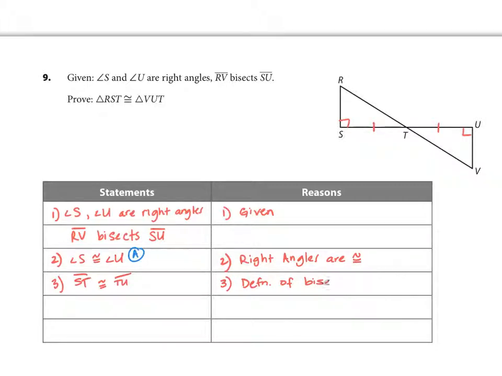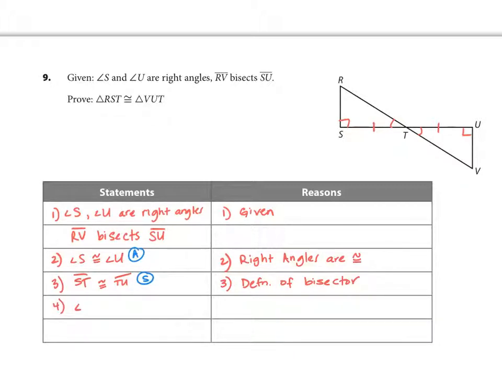So here we have a pair of congruent sides. We want to make sure that this is the included side though. So let's get our third part. And you can even tell that our third part has to be these 2 angles in order for ST and TU to be included in between the 2 angles.